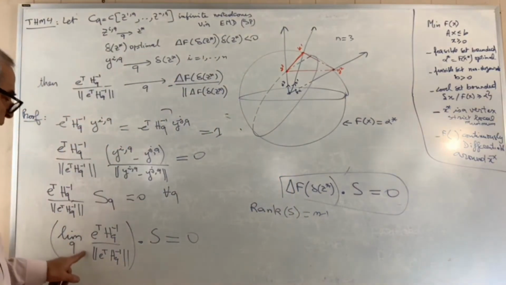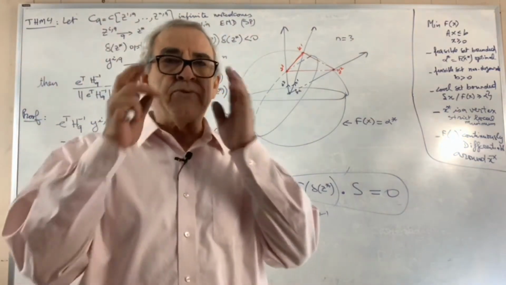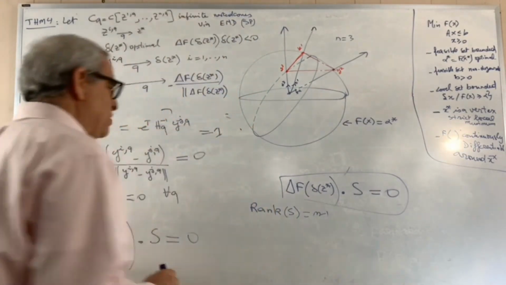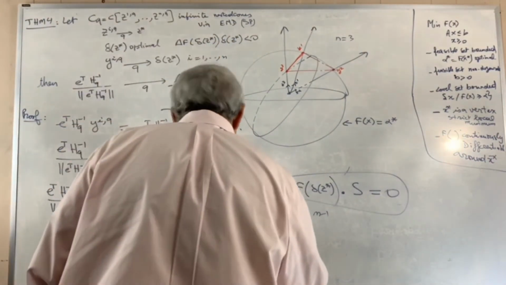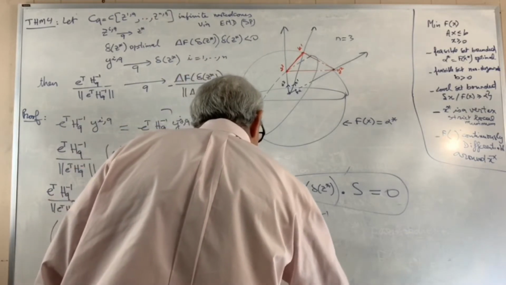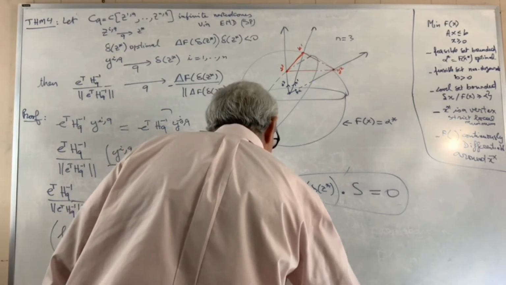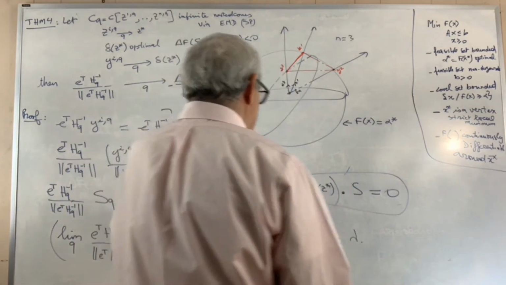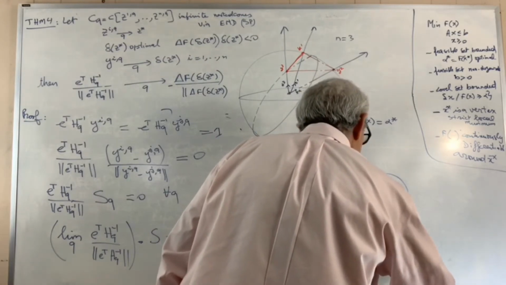So here you have two vectors, this vector and this vector, that are both perpendicular to a matrix that has rank n minus 1. And therefore these two vectors are proportional to each other. So the limit of e transpose H_q minus 1 over its norm is some lambda times this vector here, the gradient of f at z star.